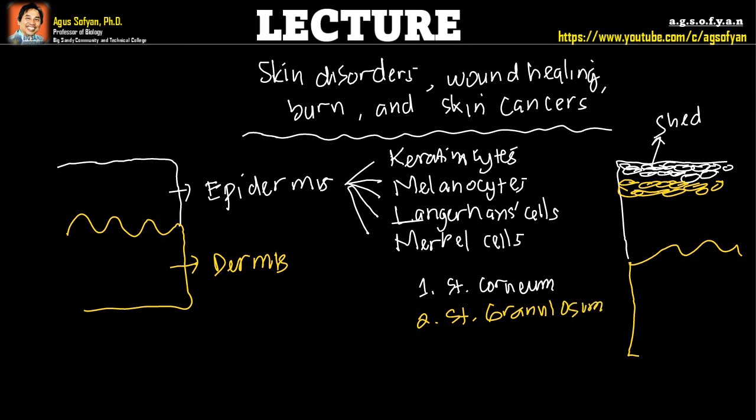This stratum granulosum consists of cells that will have keratin in them.